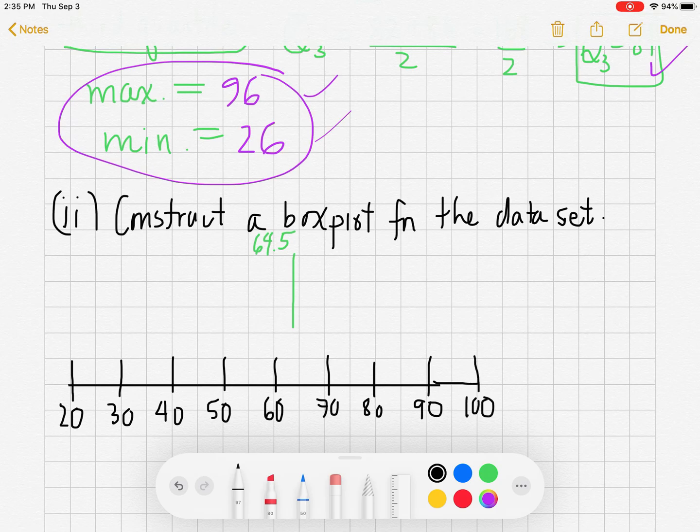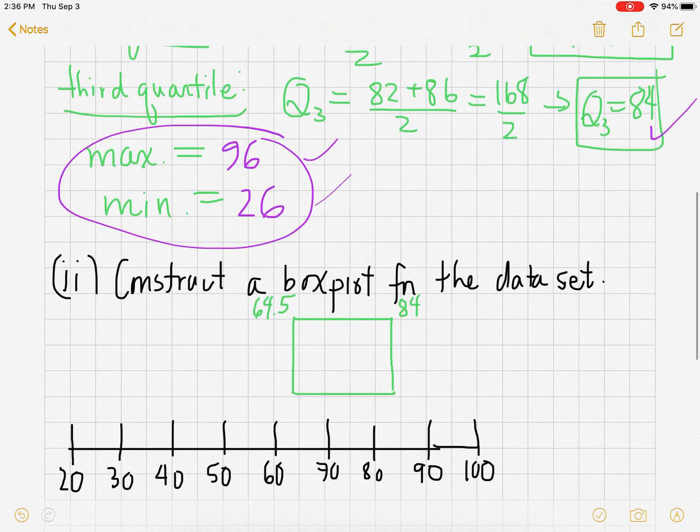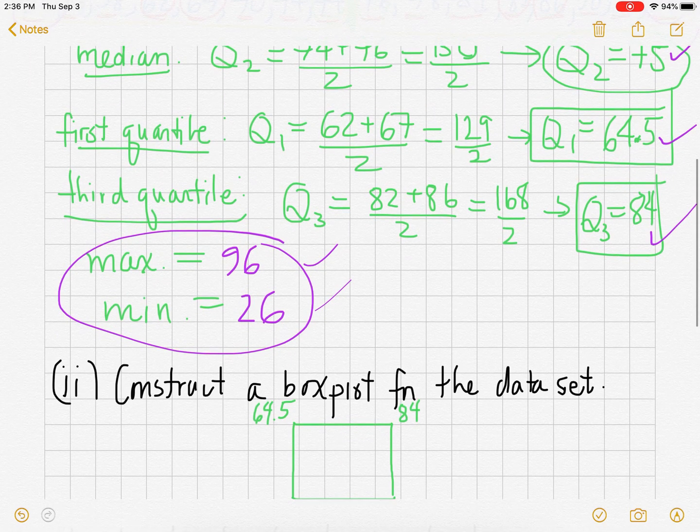Okay, 100 should go right here. So don't skip numbers. Okay, so we're at 84, trying to find 84. That's about right here. That's 84. That's the right side of my box. That's my Q3. So we're going to connect these together to get a box.